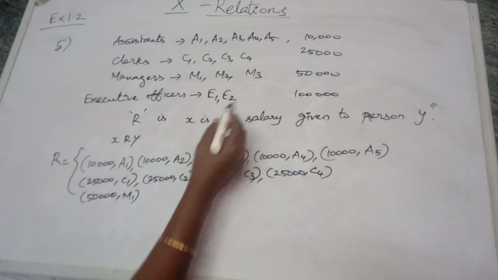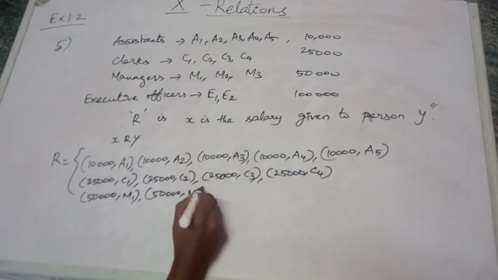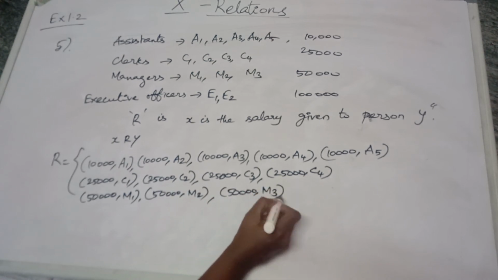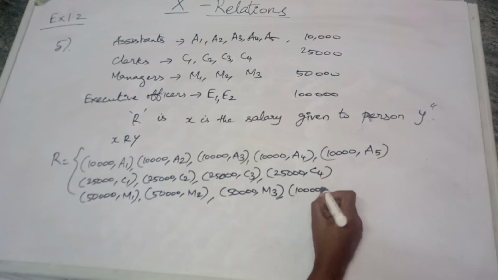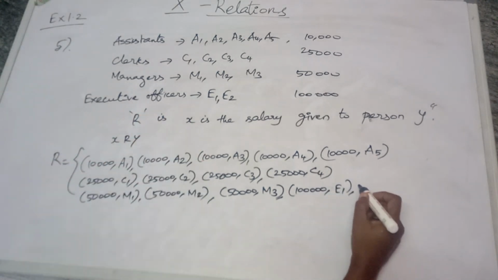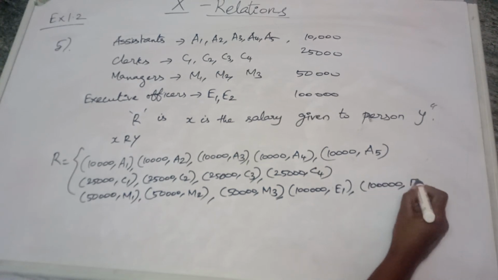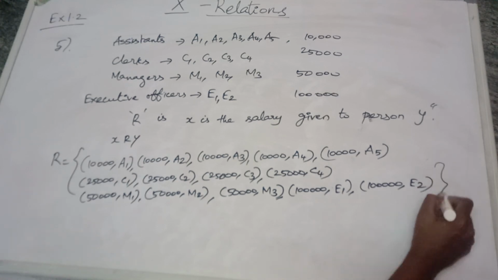How many managers? 3 managers. 50,000 for manager 2 and 50,000 for manager 3. And for executive officers, 1 lakh. So 1 lakh for executive officer 1. How many executive officers are there? 2 executive officers. So 1 lakh for executive officer 2. Okay, this is the set of relation.